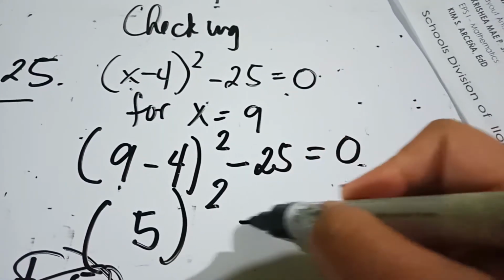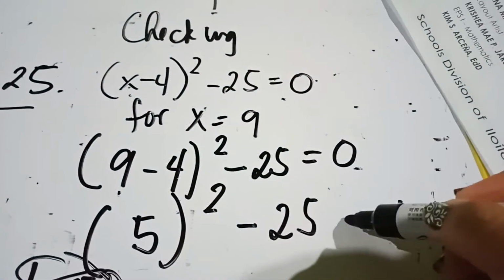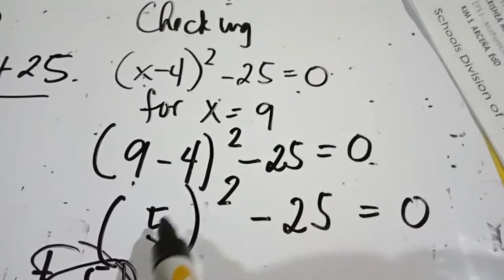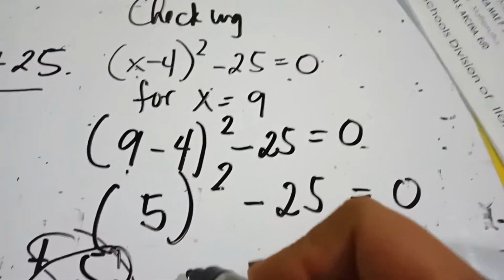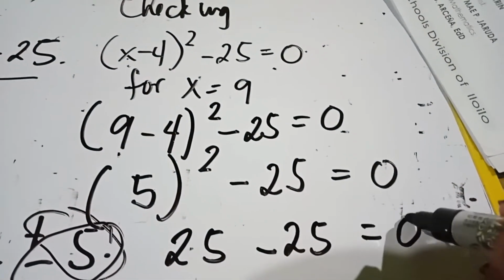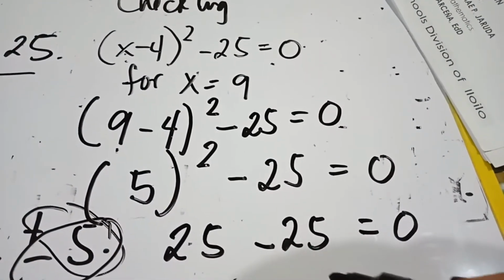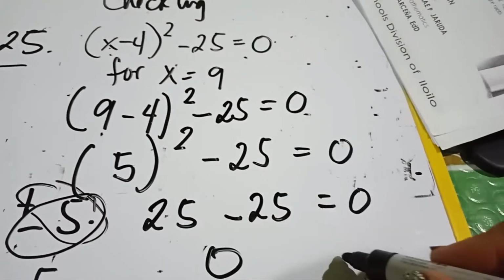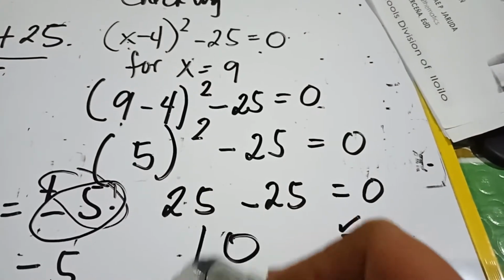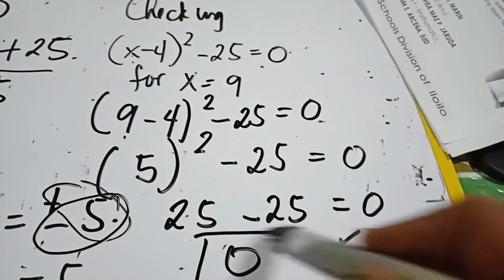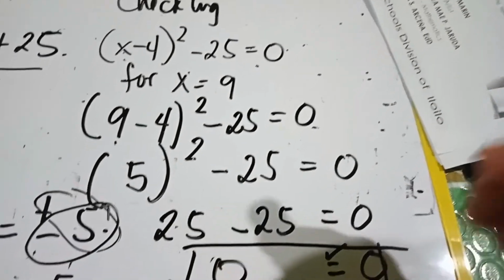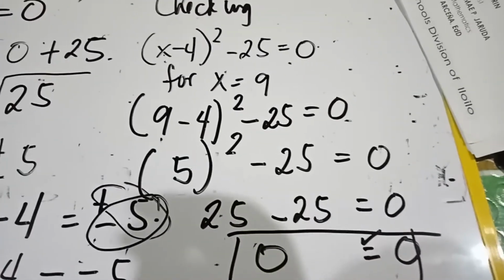And then squared minus 25 is equal to 0. 5 squared, hindi yan 5 times 10 ha. That is 5 times 5. So we have 25 minus 25 is equal to 0. 25 minus 25. Okay, that is 0. Is 0 equal to 0? Yes. So therefore, the value of x, which is equal to 9, can satisfy or solution po ang positive 9.